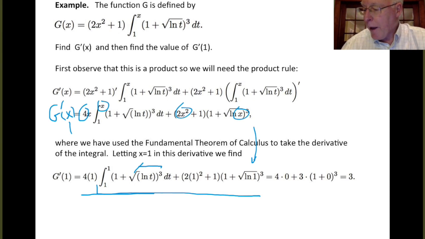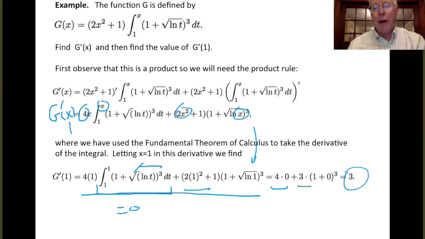And here again, we have the integral from 1 to 1. We know that that integral turns out to be 0. So this gives us 4 times 0, then plus what amounts to a 3 from here. The log of 1 is 0. And so this whole thing boils down to 3. So g prime of 1 is equal to 3.